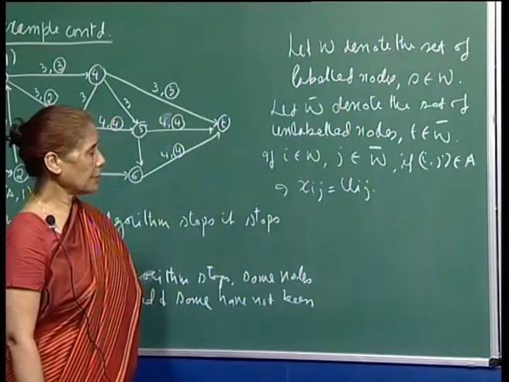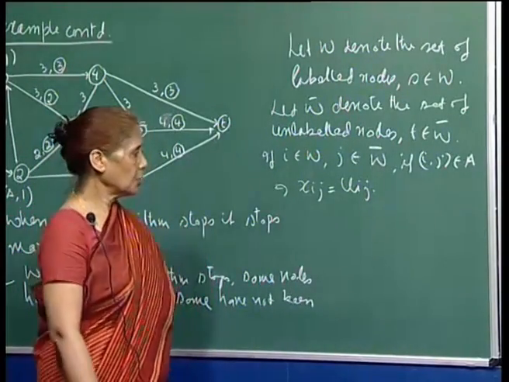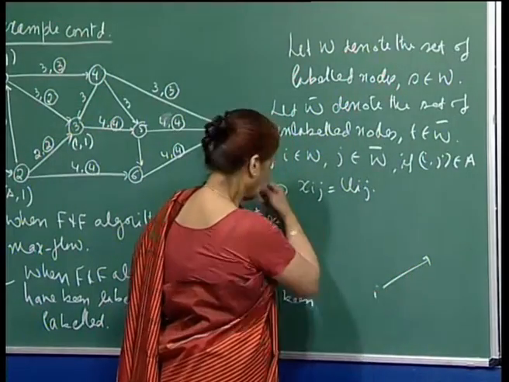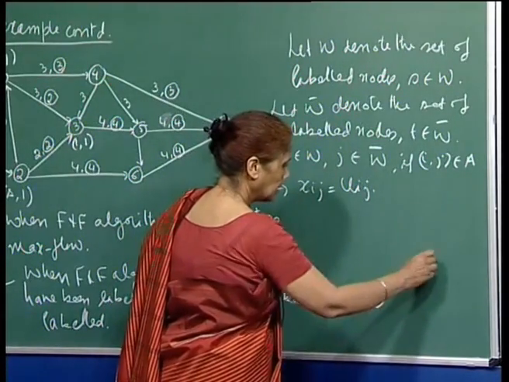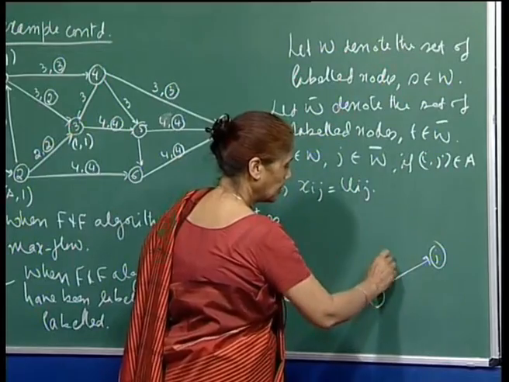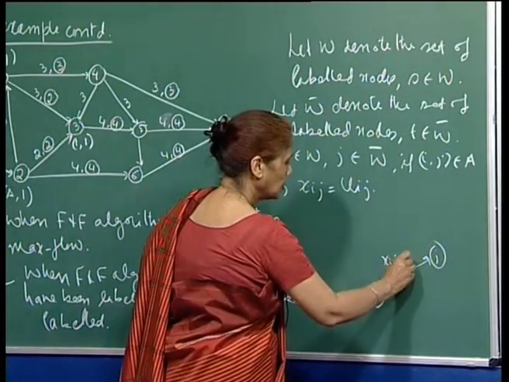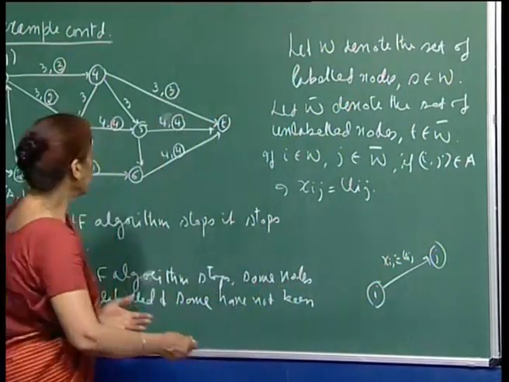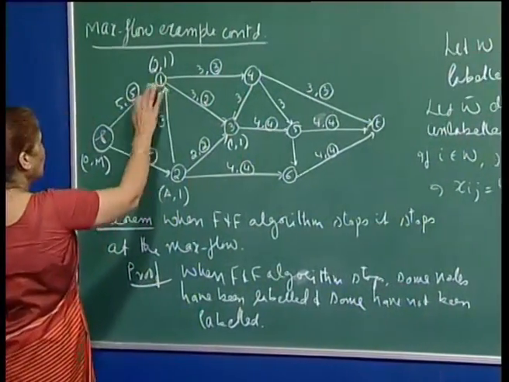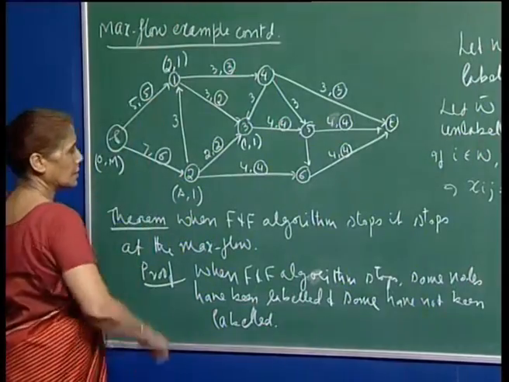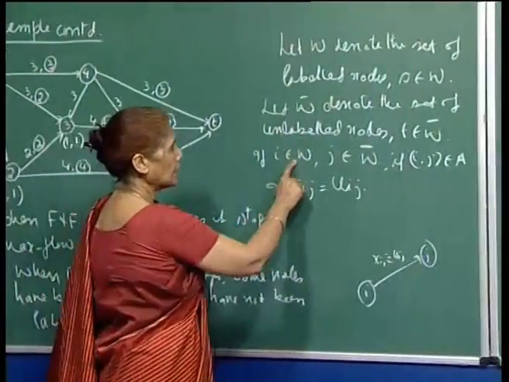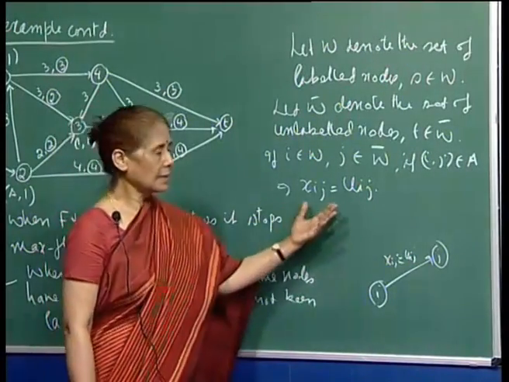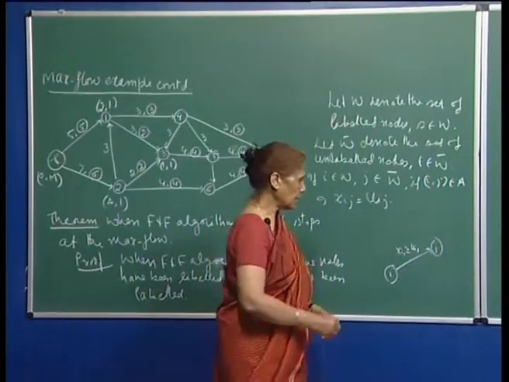Remember our labeling procedure: if you have a forward arc like this, I and J, and the flow Xij is Uij and I is labeled, I cannot label J. That is what was happening here also. I could not label 1 from S because the arc is saturated. So if I is in W and J is in W bar and Ij is an arc of A, then Xij must be equal to Uij.